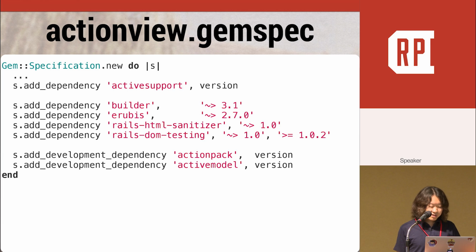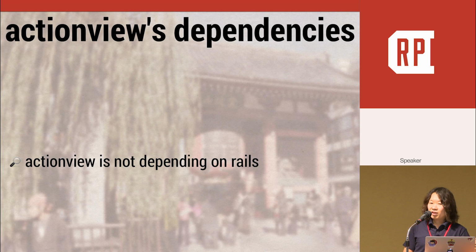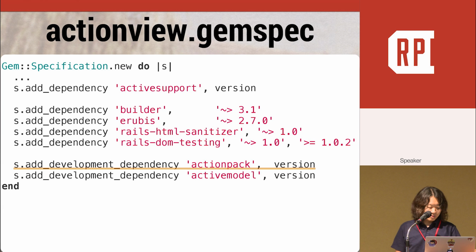In the gem spec, there are several dependencies like this, and you'll notice that ActionView is not actually depending on Rails. There's no dependency on Rails, right? And here, I'll put underlines. Here it defines a development dependency on ActionPack.